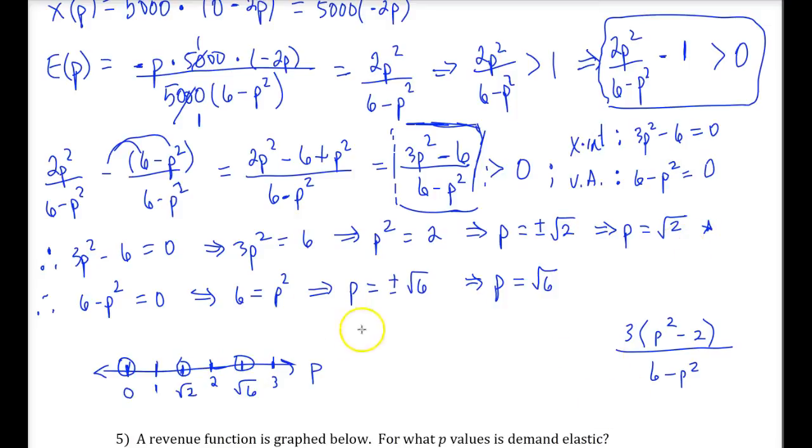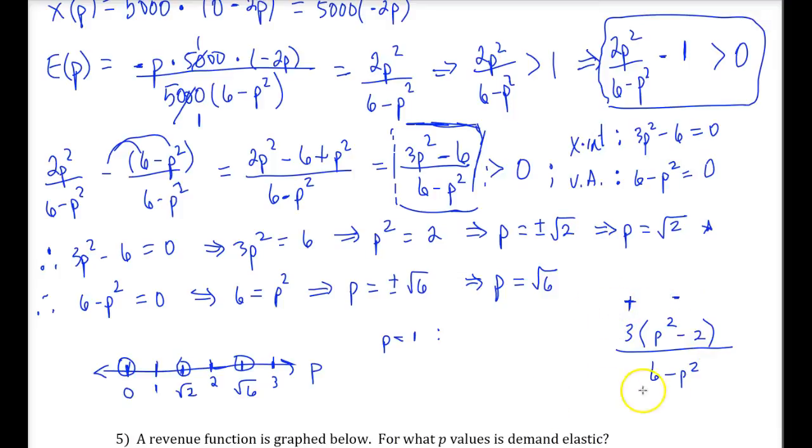So at p equals 1, if I plug this in here, I know that this 3 is always going to be positive. If I evaluate this at 1, then I would have 1 squared, which is just 1, minus 2, and that would give me a minus 1, so that would be a negative number there.